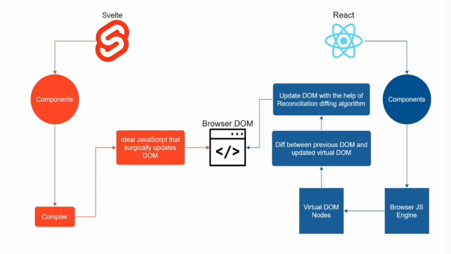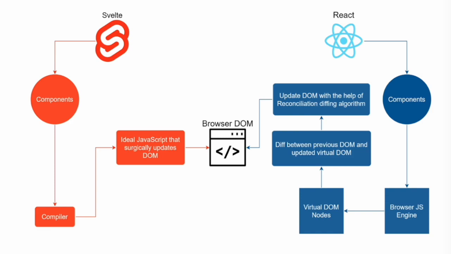React, on the other hand, has something called the virtual DOM, a virtual document object model, interpreted at runtime. There is basically a virtual representation of the UI that is kept in memory and synced with the actual DOM.